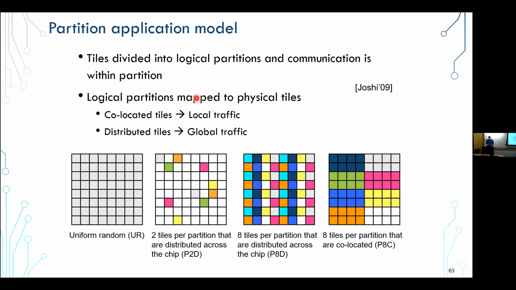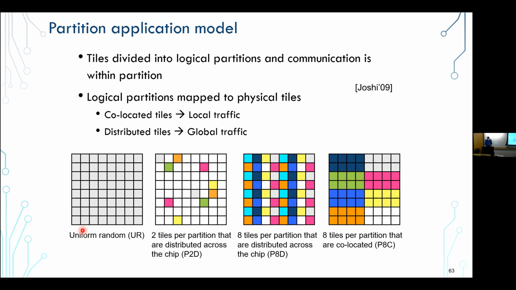Now, there's also a way of thinking about it. One thing is what's the application pattern, traffic pattern. Another one is how do I do my grouping in a C mesh?